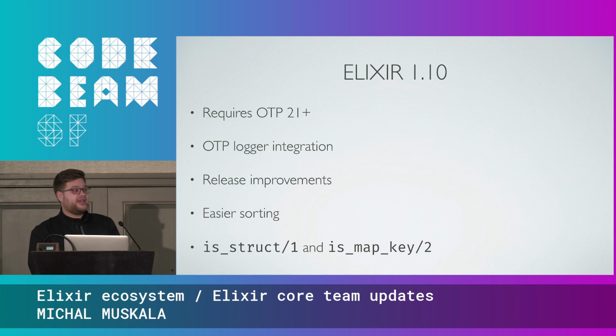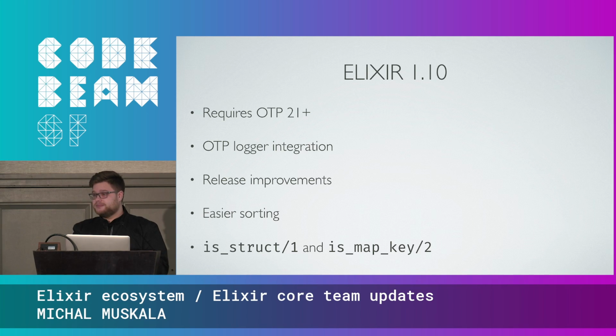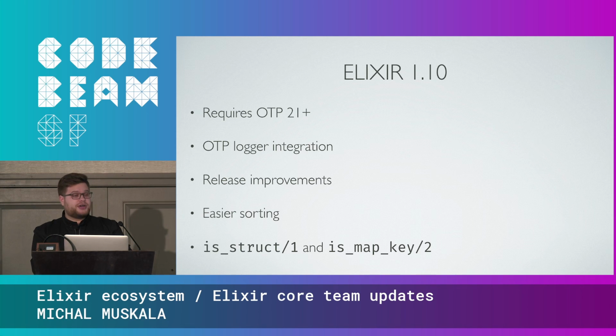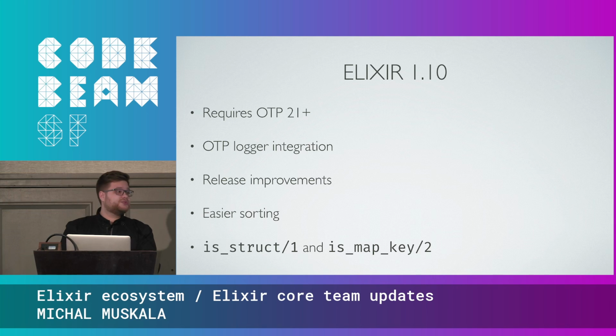The most important thing, from which other things fall out, is that it requires OTP 21 and drops support for OTP 20. But this allowed us to integrate with the new OTP logger that was introduced in OTP 21, as well as leverage some other things that were implemented there. As for the logger part, this was a huge change, and basically by now the Elixir logger and the OTP logger are one and the same.